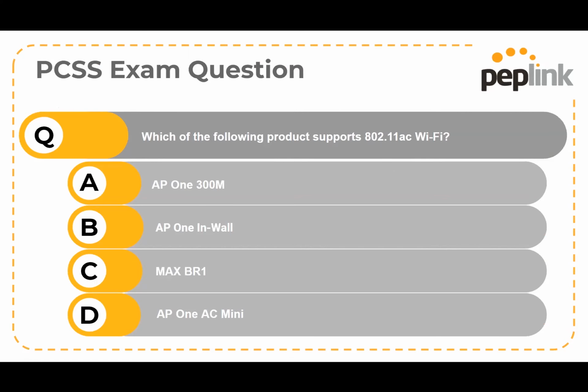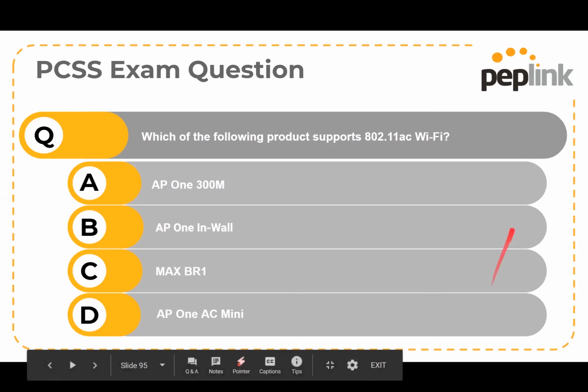So let's look at a quick question. Which of the following products supports 802.11.AC Wi-Fi? AP1 300, AP1 in-wall, the Max BR1, or AP1 AC Mini? We literally just looked at a bunch of slides less than a minute ago.